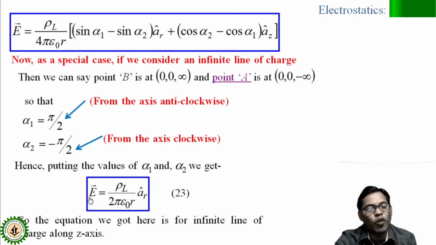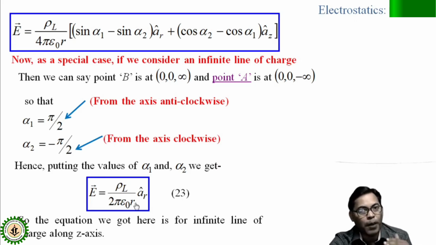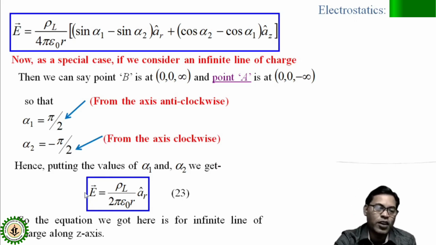So E is only dependent on the value of R, which is the perpendicular distance from the Z axis to the point of our interest. So it is a very important equation: E is dependent on small r, not on the length of the infinite line along the z axis.